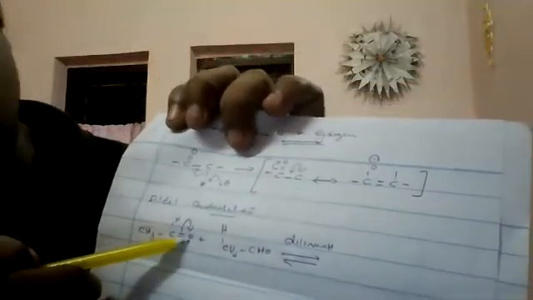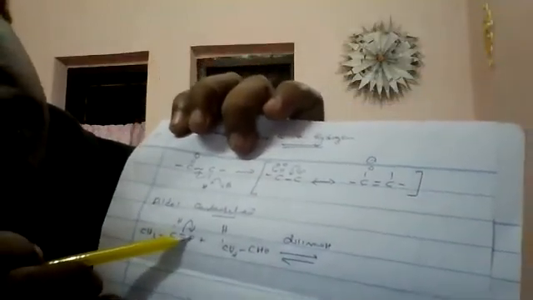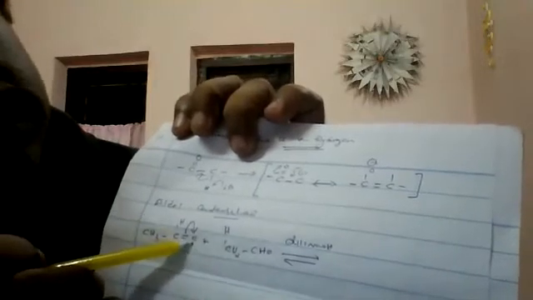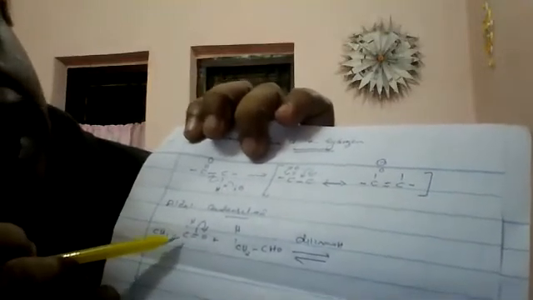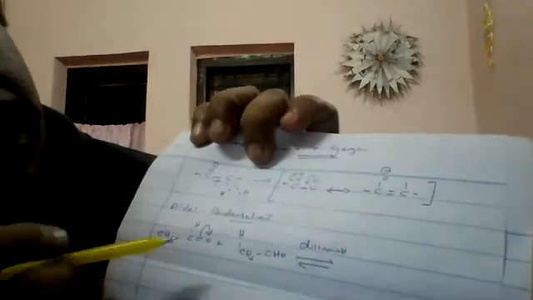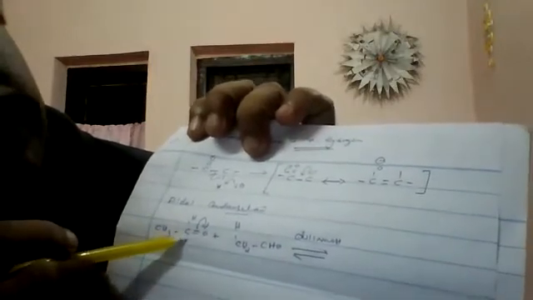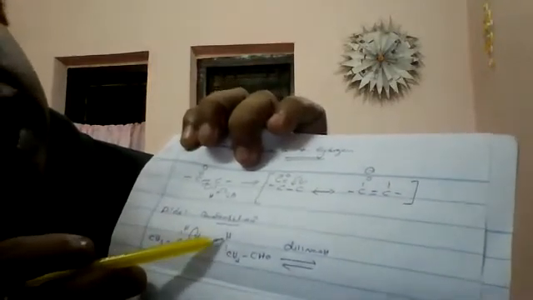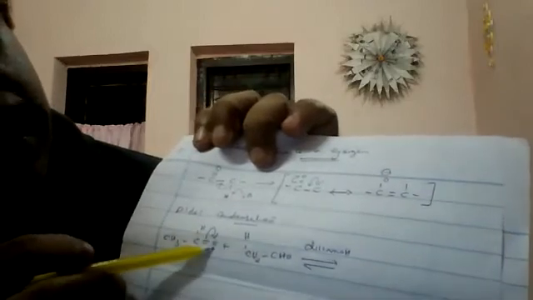Due to polarity, this type of electron transfer happens there. Oxygen is more electronegative, so it pulls electrons towards itself. Thereby, this oxygen will have a negative charge, this carbon will have a positive charge, and this hydrogen will be attached to that oxygen.